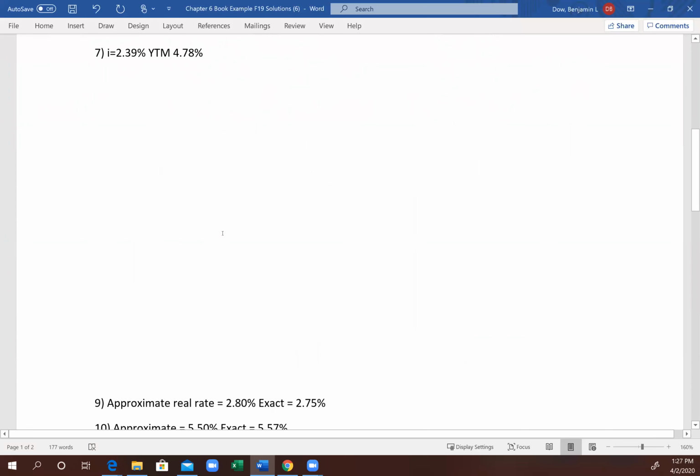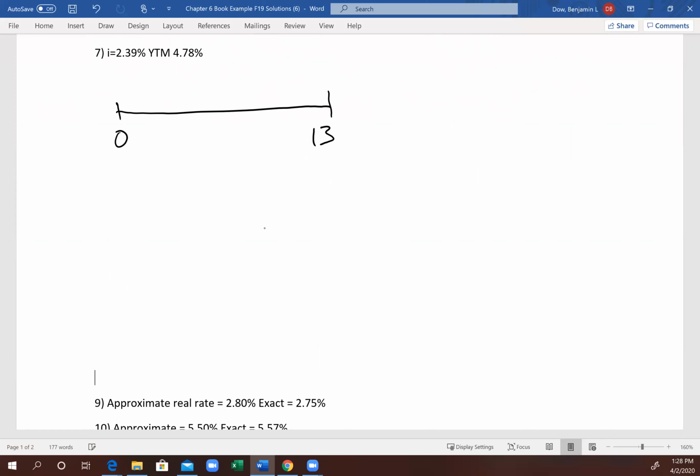All right, if we look at number 7 that said Parkway Void issued 15-year bonds 2 years ago. So if they issued 15-year bonds 2 years ago, the bonds have 13 years left to maturity.